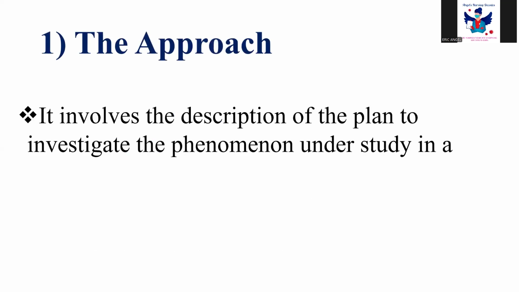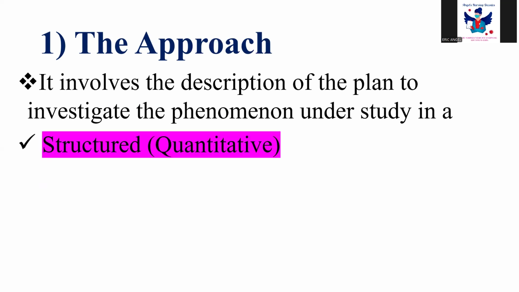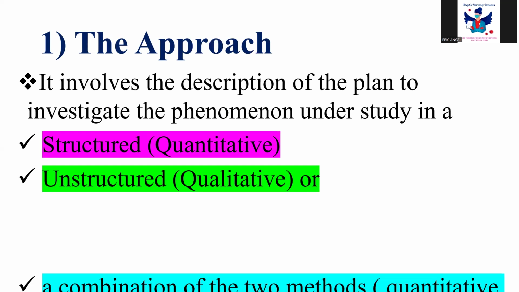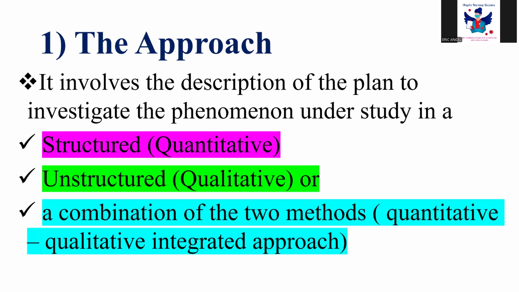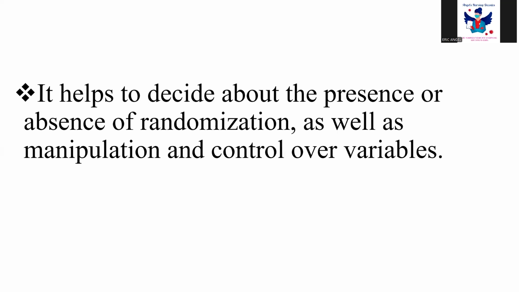First, the approach. It involves the description of the plan to investigate the phenomena under study in a structured or quantitative, unstructured or qualitative, or a combination of the two methods, that is quantitative qualitative integrated approach. Therefore, the approach helps to decide about the presence or absence of randomization as well as manipulation and control over variables.